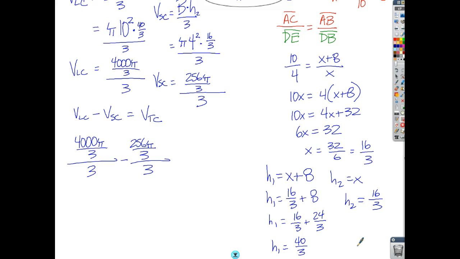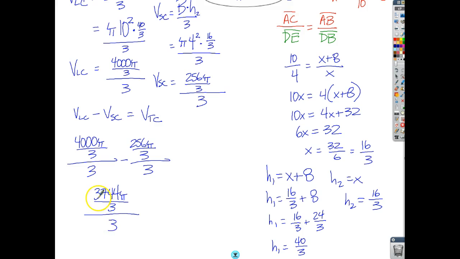Since these are both talking about pi, if I have 4,000 pi and take away 256 pi, that leaves me with 3,744 pi. And these are both over 3. When I'm done with that, I'm going to divide the whole thing by 3.